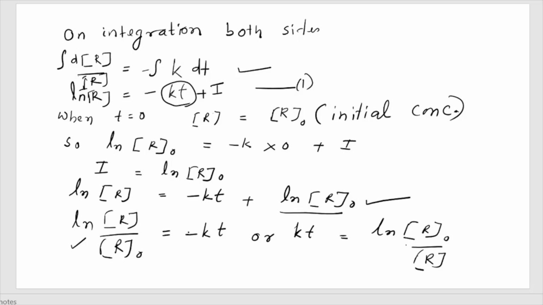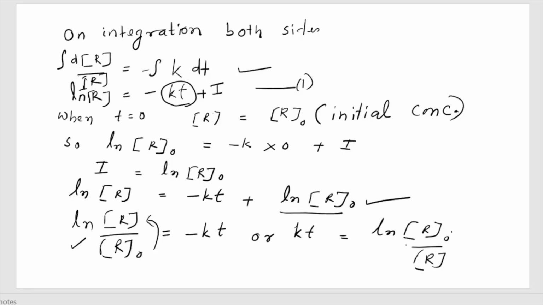If you want to remove this minus sign, the [R]0 value goes up and [R] comes down. So now kt equals ln[R]0 by [R]. [R]0 means the molar concentration of R0, that is the initial concentration, and [R] means the final concentration. So to remove this minus sign, you change [R] to [R]0.